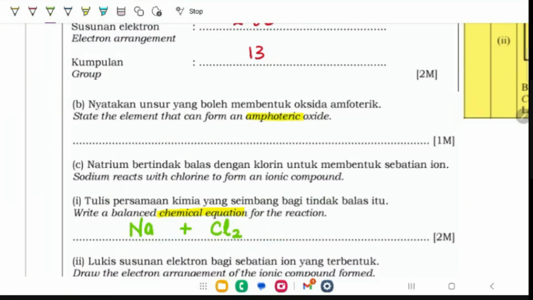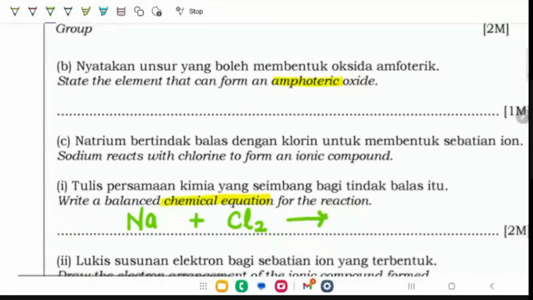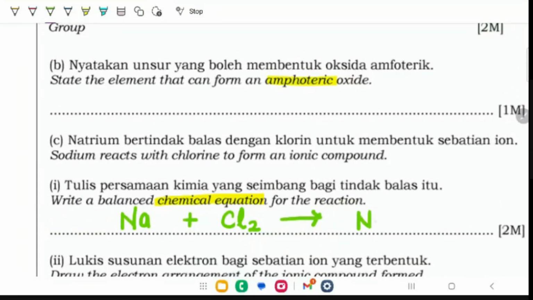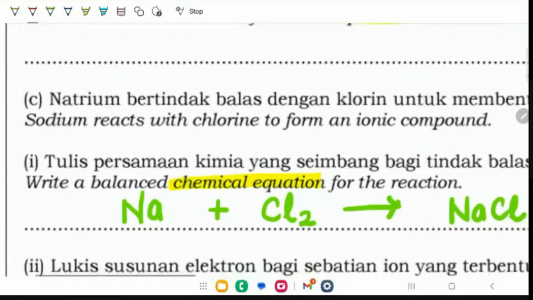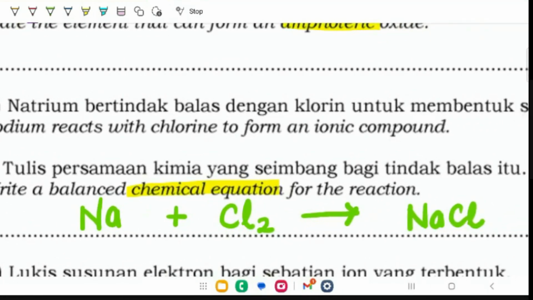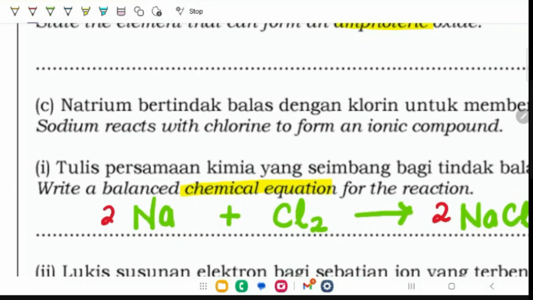Group 17 will form molecules. Then it will form the ionic compound NaCl. And we need to balance the equation. Cl2, so NaCl times 2 and Na times 2.